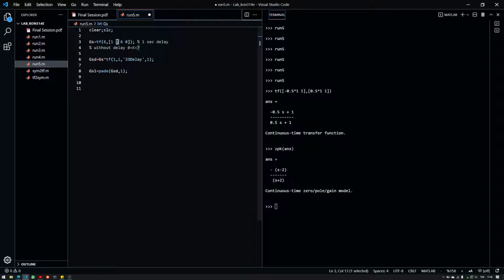And then what you have to do is convert it into a symbolic expression in MATLAB, but you don't need that if you have a pen and paper.